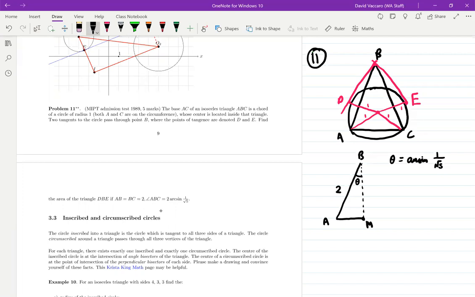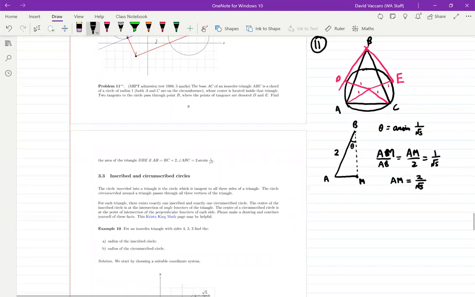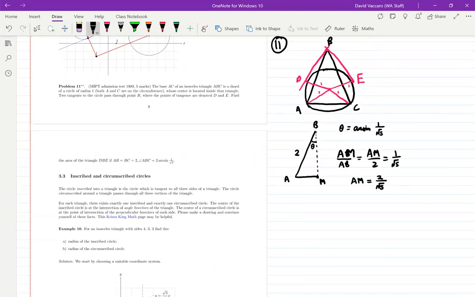So if I let M be the midpoint of AC, AM over AB is the opposite over the hypotenuse, and that's equal to sine of theta, so that's 1 over root 5. So AM is 2 over root 5. And then the other length I can find is BM, by Pythagoras.